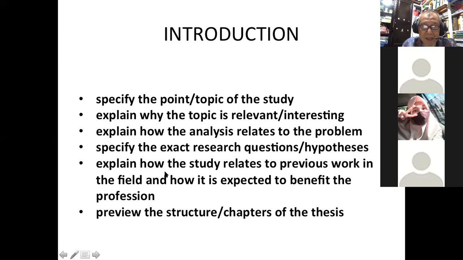And then the most important one is how your study relates to the previous work in the field and how it is expected to benefit the profession. So the significance of your study and also the research gap you have to show in the background. Your literature review should be extensive enough so that you can show that your study is really important.